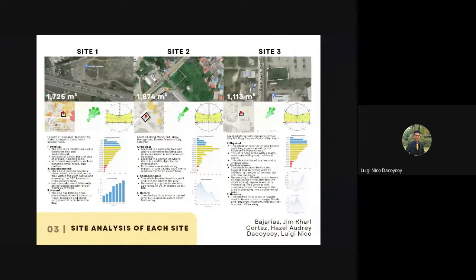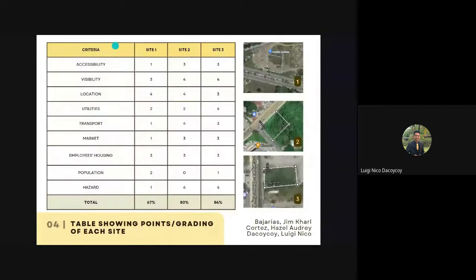This gives us the conclusion that the zoning of the area is changing from a residential area into a commercial zone. For the hazard, the site has little to no hazards in terms of storm surge, floods, and landslide. However, the nearest river is around 315 meters away, which is behind the lot.